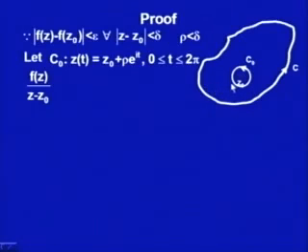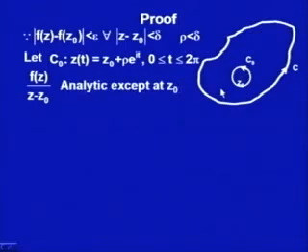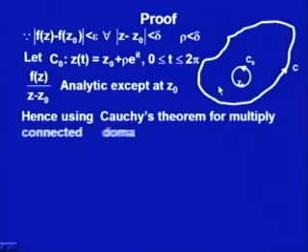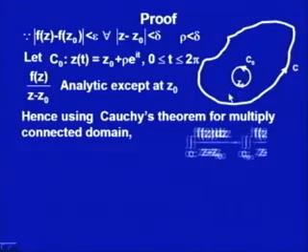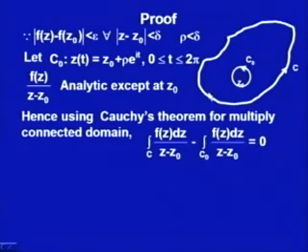So, using the Cauchy integral theorem for a doubly connected domain, I could say that the integral along this complete boundary must be 0. What it says is that the integral along C minus the integral along C naught, since if we are taking the boundary it should be in the negative sense, of f(z) dz must be 0.